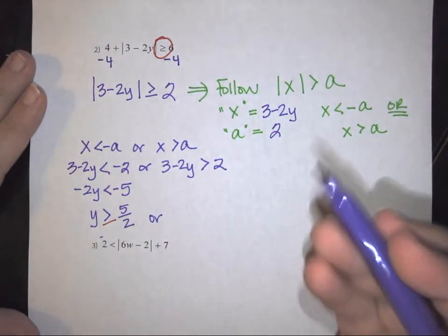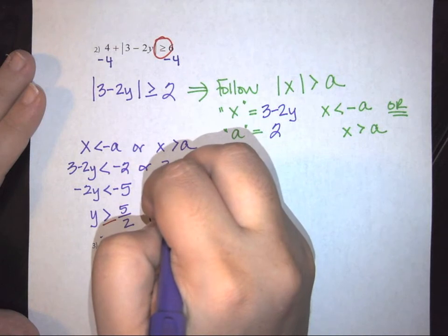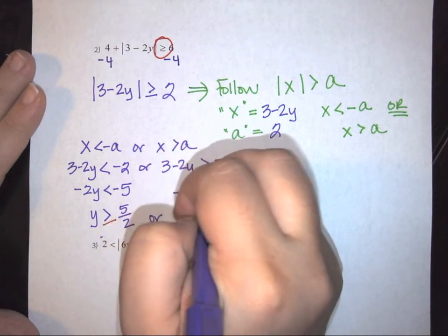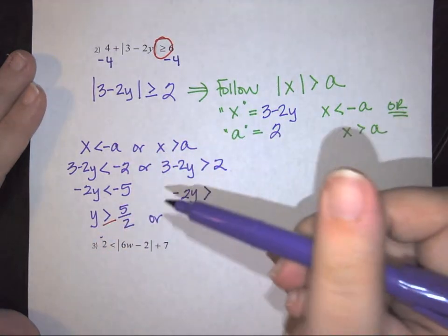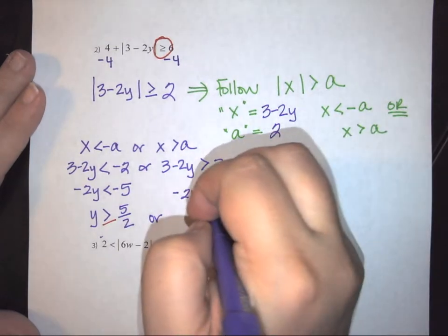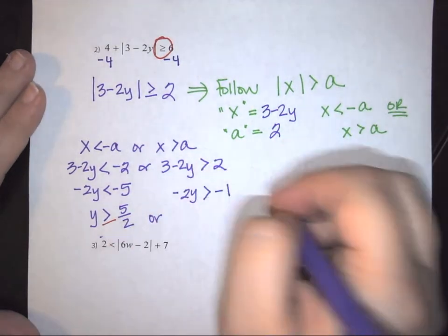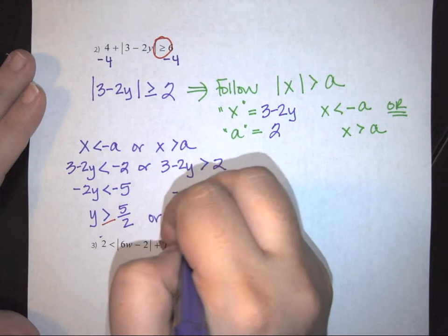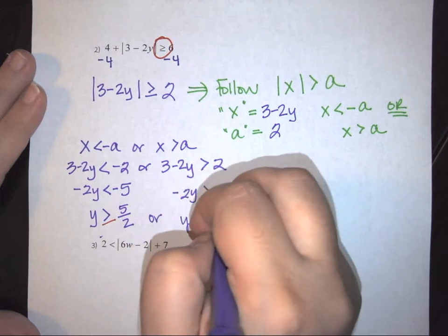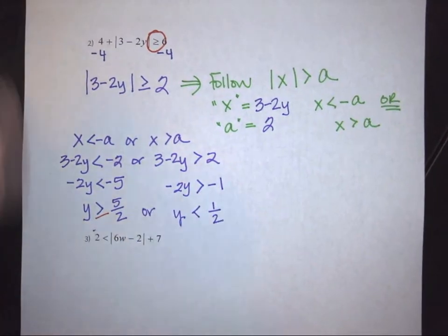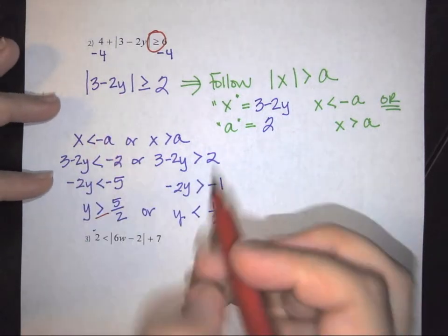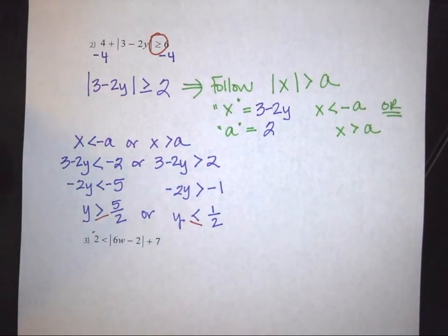Again, I need to subtract 3 from both sides. So I have negative 2y is greater than 2 minus 3 is a negative 1. Divide everything by negative 2, and I have that y is now less than 1/2. And again, because I started with the equals to, I need to add the equals to back in.